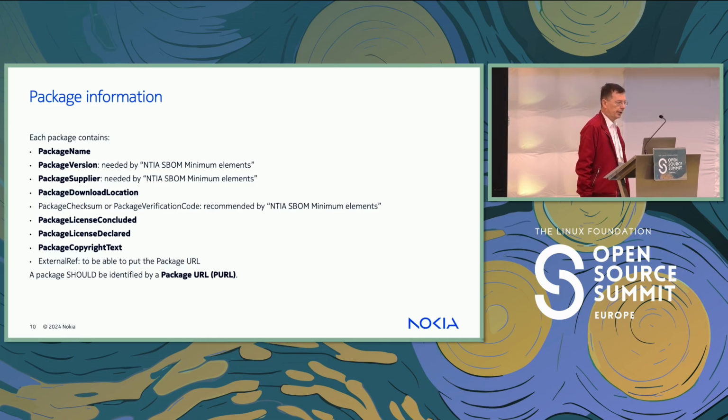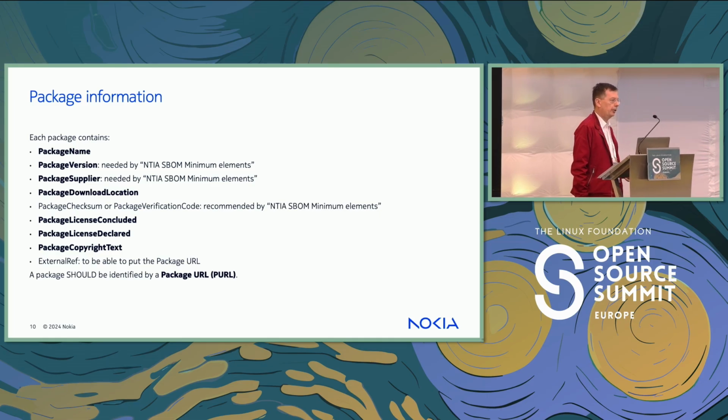For the content of the software, we require a number of things at the package level. So in SPDX, you can represent the software at 3 levels. You can describe information at the package level, at the file level, which is smaller, or even smaller, you can provide information at the snippet level, which is a piece of code.